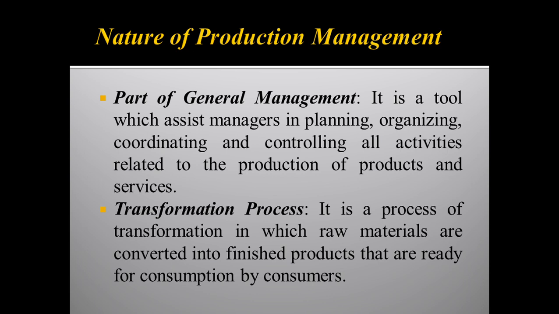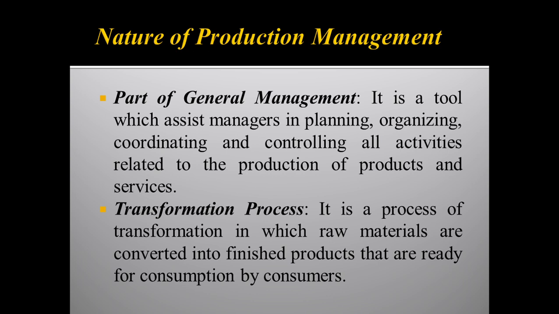Next is transformation process. It simply means the raw material cannot be consumed directly. If you're talking about bread, if you're talking about chapati, raw flour cannot be consumed. It has to be converted in some form that can be consumed by the customers and which can provide the satisfaction level to the consumers.